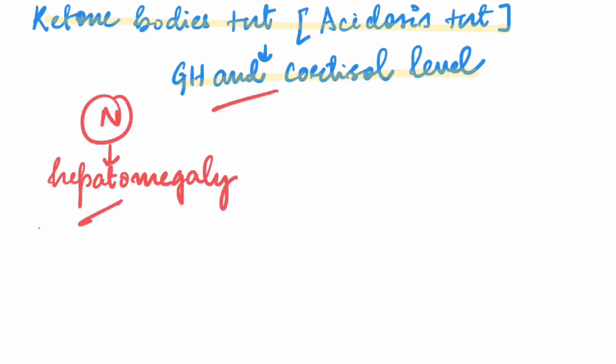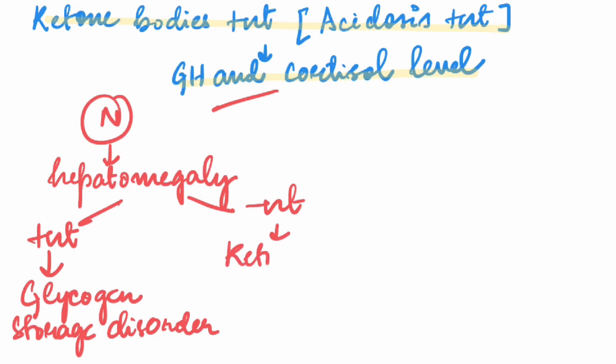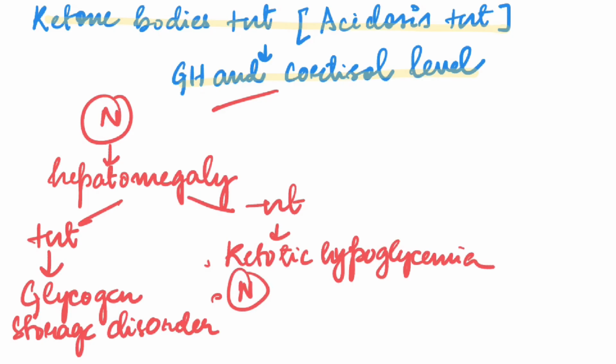If hepatomegaly is present, then the differential is most likely glycogen storage disorder. If hepatomegaly is absent, then the cause is ketotic hypoglycemia or a normal fasting child.